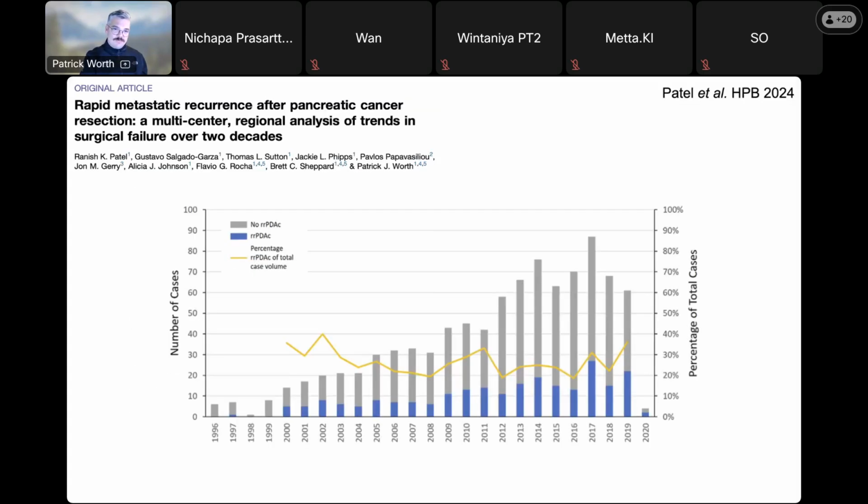in these cases. We looked at our own data over the last 20 years. This is a paper one of my residents, Ranish Patel, published a few years ago.